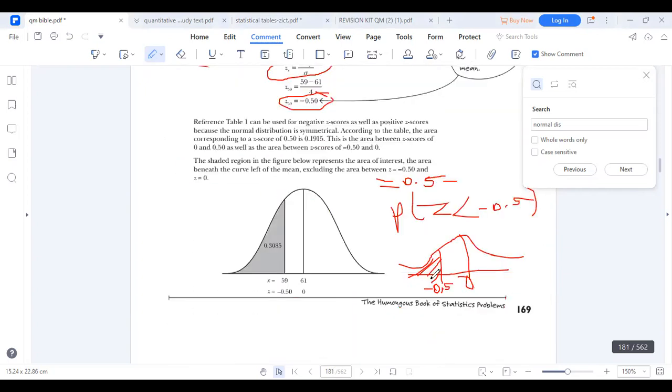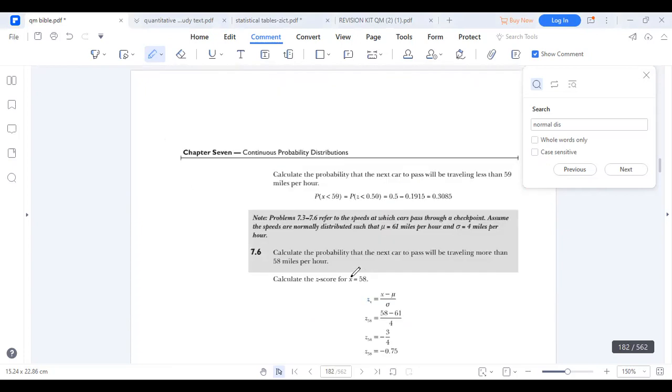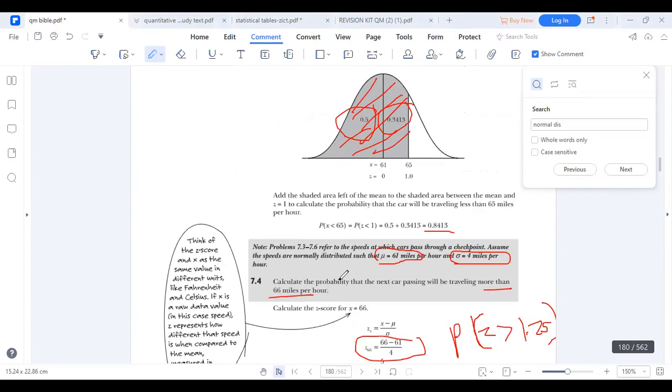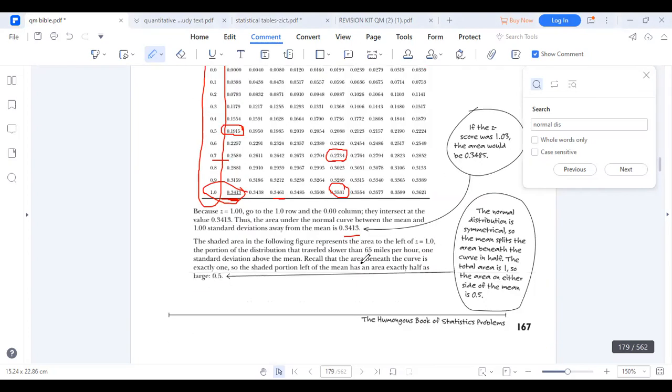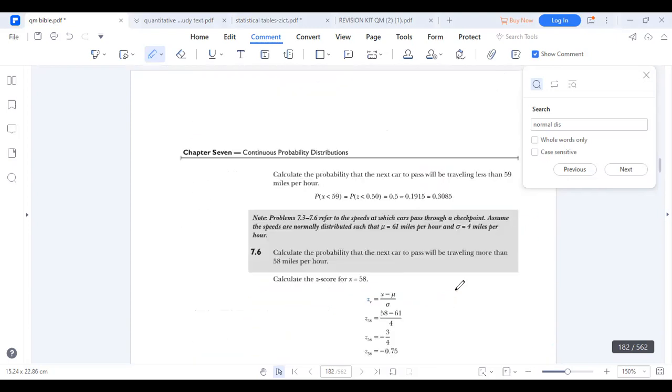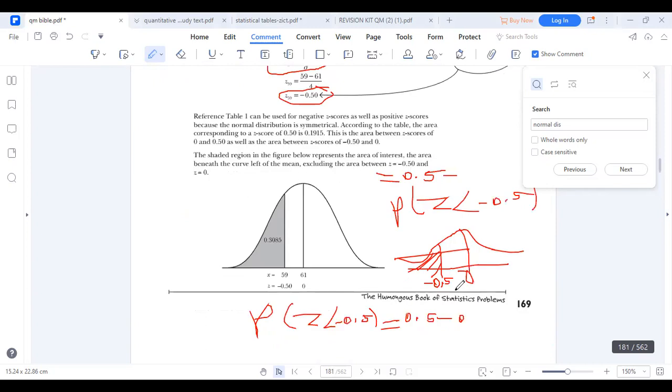So negative 0.5, you simply say the probability that Z is less than negative 0.5 is equal to this whole area, 0.5, minus the probability of 0.1915.